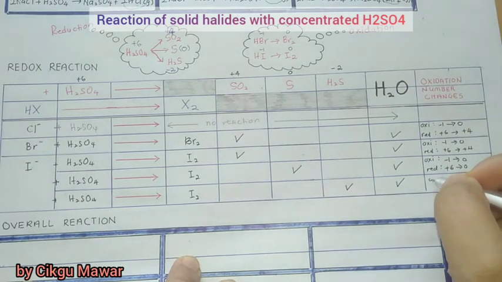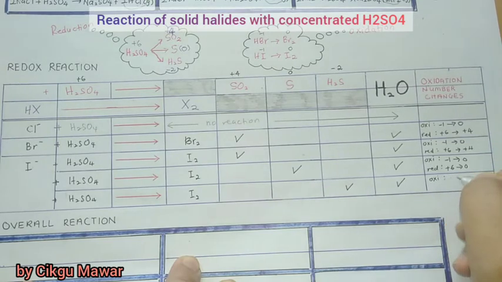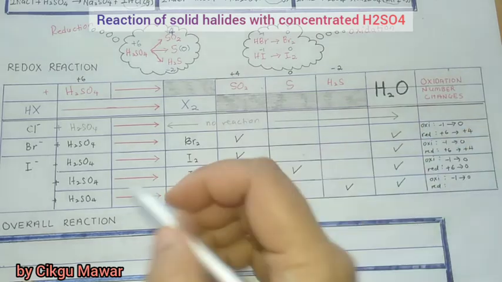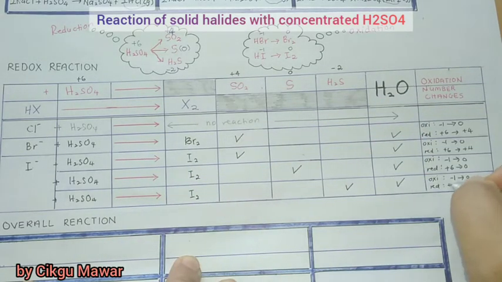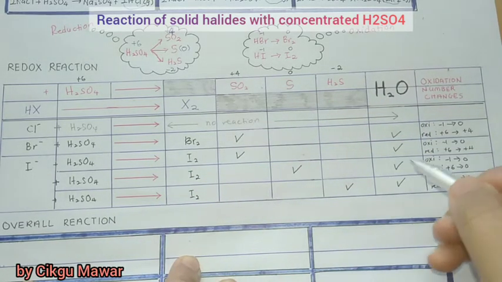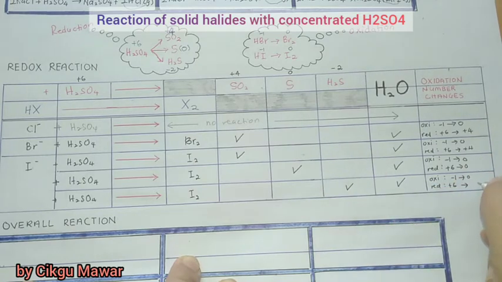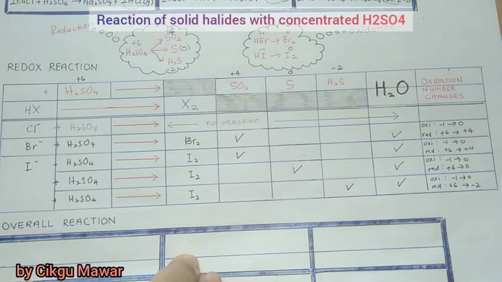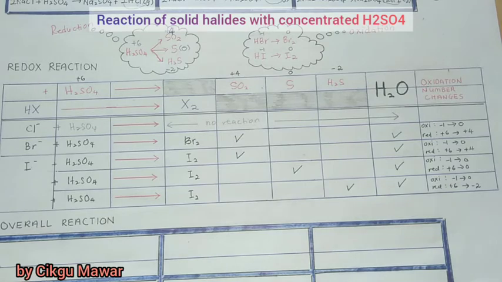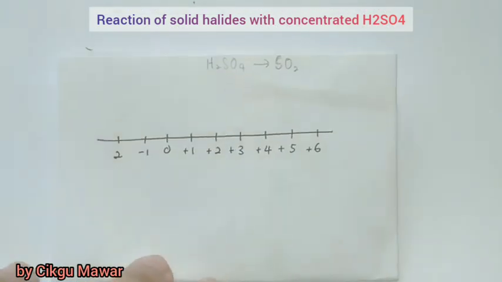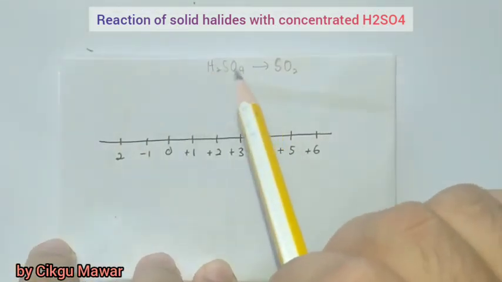What is the oxidation change here? -1 to 0, and for reduction, +6 of sulfuric acid is reduced to an oxidation number of -2.